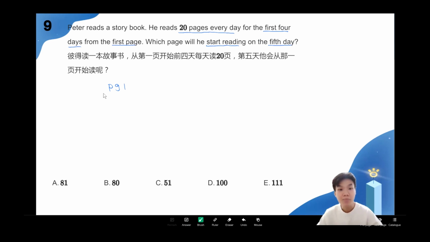Let's see how many pages he read in the first 4 days. 20 times 4 days, he read 80 pages, which means from the first day to the 4th day, he had read from page 1 to page 80. And we use 80 plus 1 equals 81. Therefore, he'll start reading on page 81 on the 5th day.